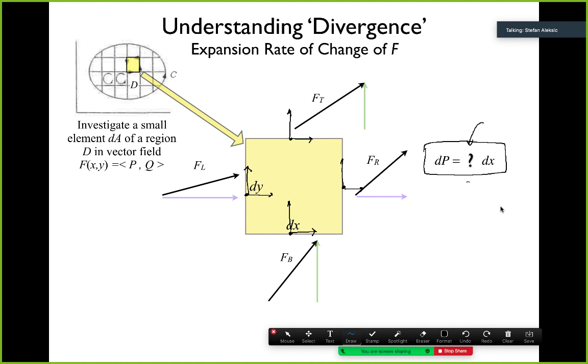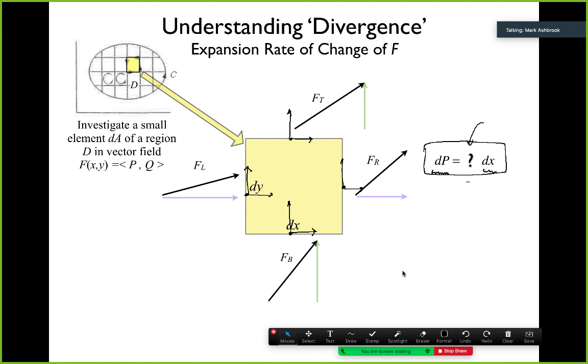Yeah, would it be the force vectors? Given a change in the independent variable, what determines the corresponding change in the dependent variable? The partial derivative of P with respect to x. Thank you, partial derivative, right? The partial derivative is what's governing changes, in this case, changes in these vectors for a change in x.